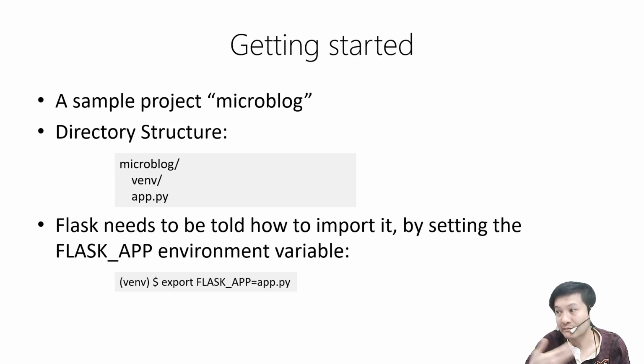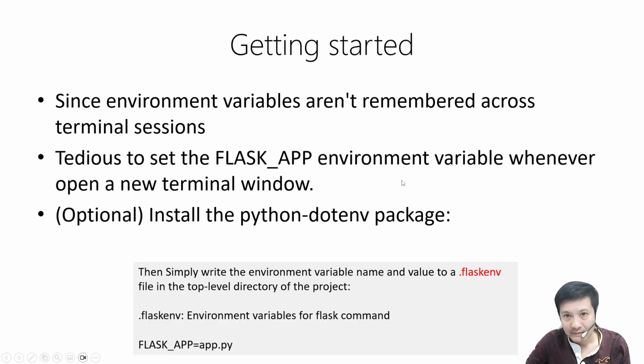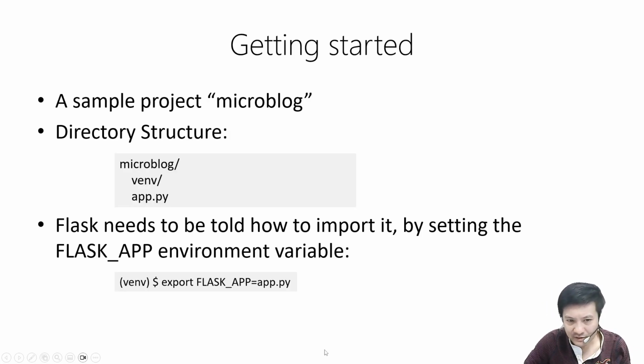So you will set up the Flask app environment variable in general. But if you don't set it, and just follow the convention with the default name, it is still possible since there is a default value. But when you start it, you will have a terminal session, and if you do this kind of environment variable setup, every time you restart your computer or close your terminal console, the data will be lost, since this setup is done by command line.